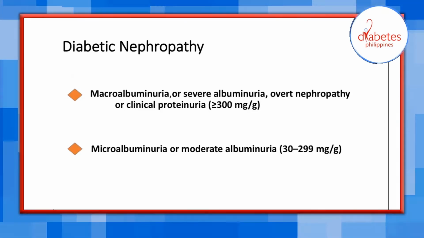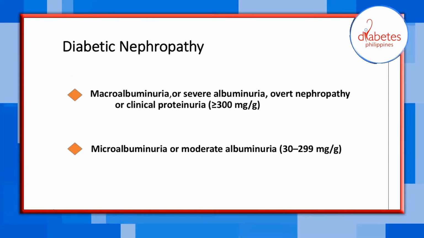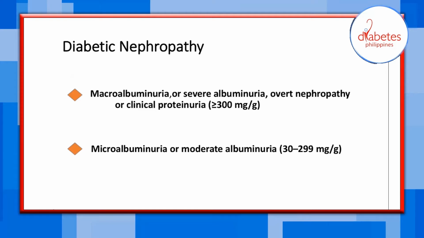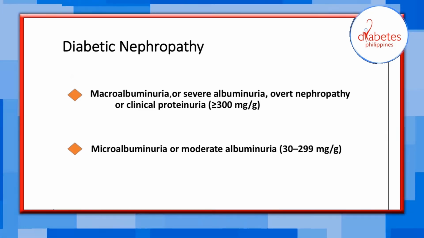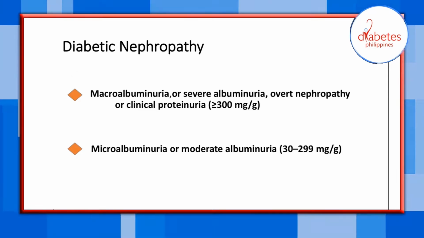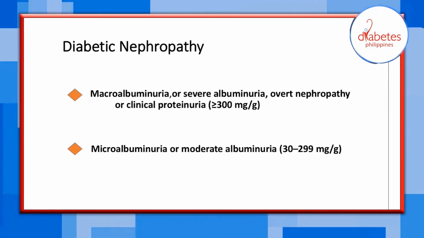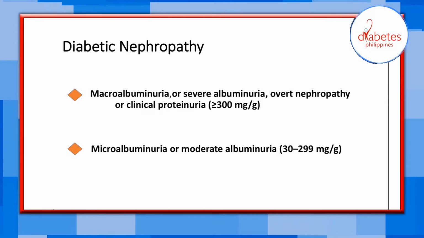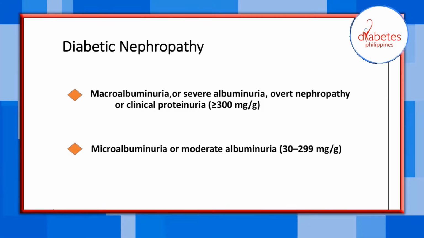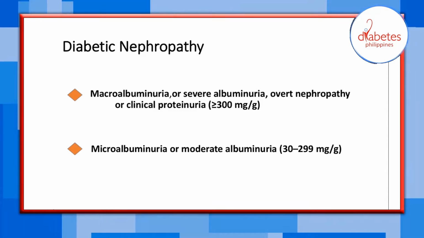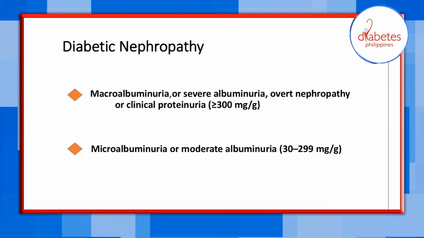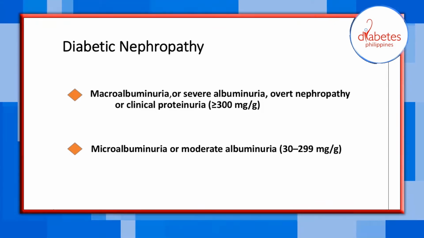Diabetic nephropathy was further subdivided into macroalbuminuria and microalbuminuria. Macroalbuminuria, also known as severe albuminuria, overt nephropathy, and clinical proteinuria, is greater than or equal to 300 milligram per gram. Microalbuminuria, also known as incipient nephropathy or moderate albuminuria, is 30 to 299 milligram per gram.